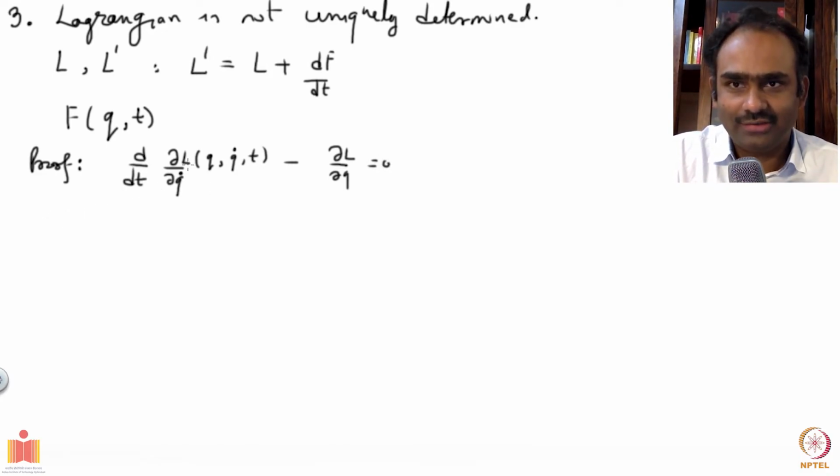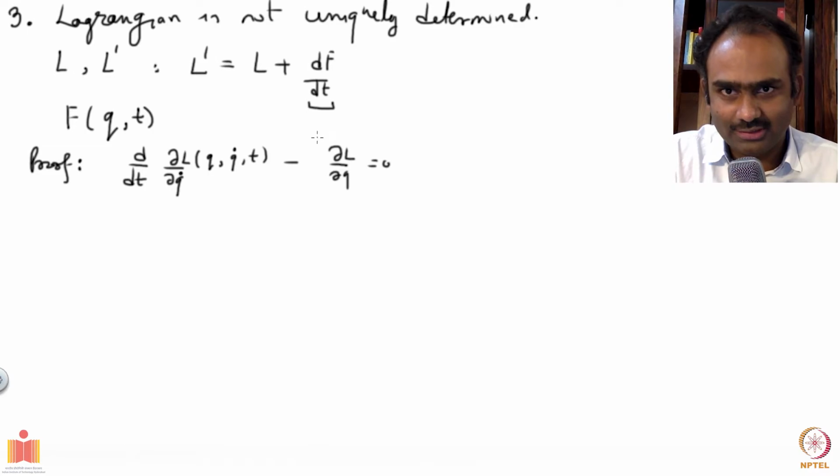I am saying if I replace this L by L plus df over dt, the term coming from the f will go to 0, which means if I plug in this piece also, then in addition to what you have on the left hand side, you will also get the following piece.